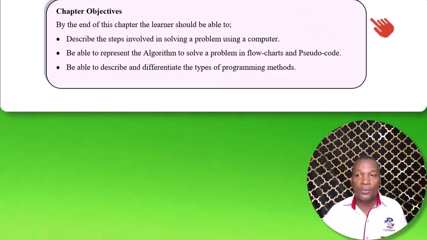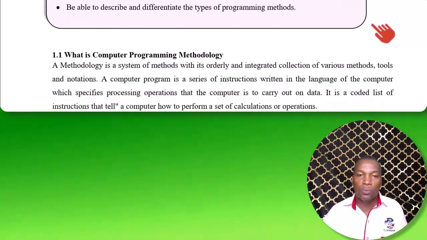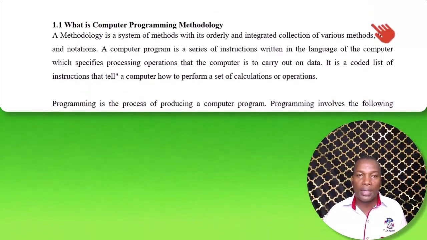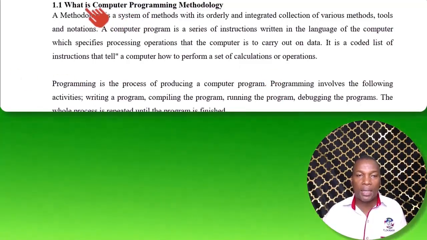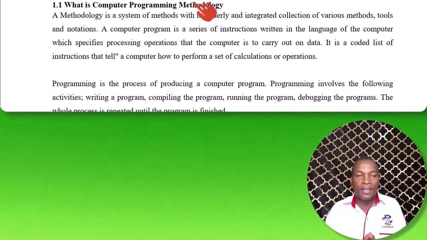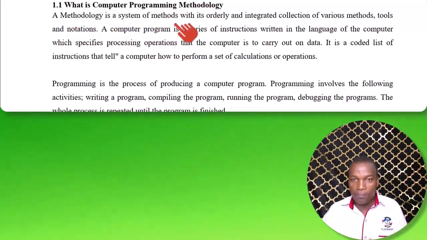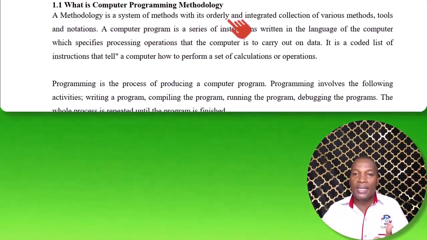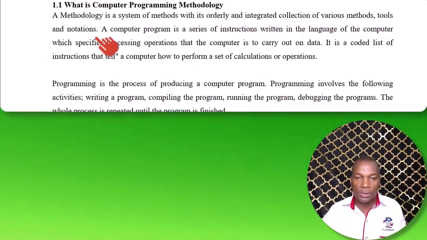After we are through with that, we go to the first part. Here we ask, what is a computer programming methodology? We start with basic definitions. Computer programming methodology is a system of methods with its orderly and integrated collection of various methods, tools, and notations.